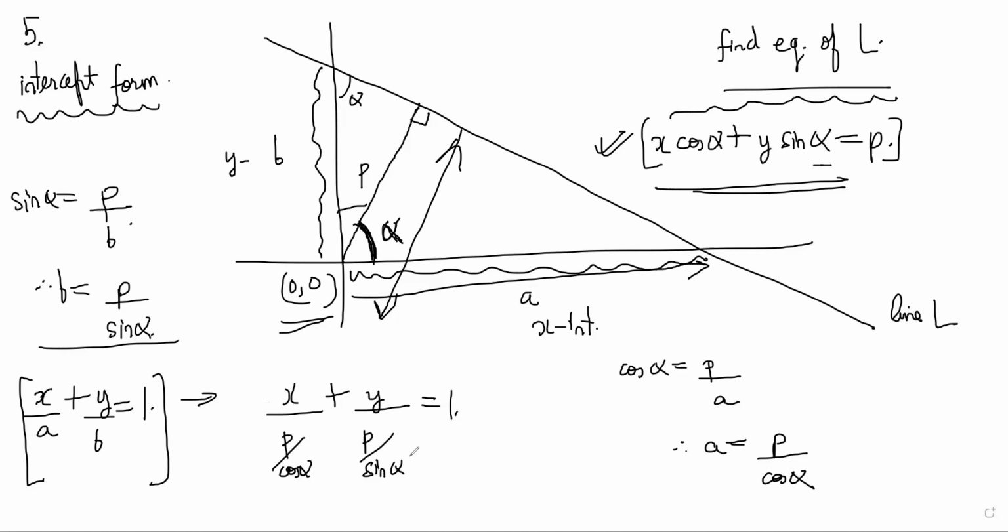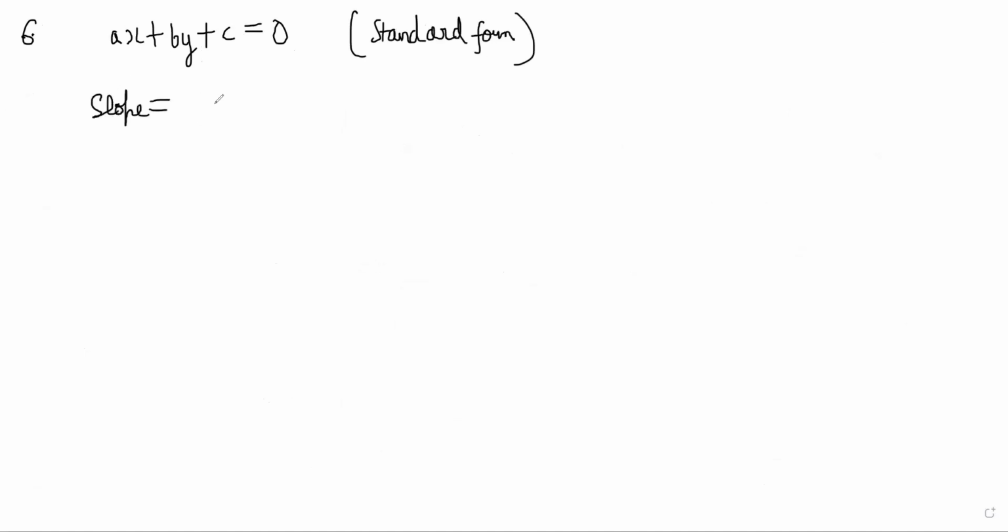Okay. Then the last form of the line equation that we'll look at is ax plus by plus c is equal to 0, which is standard form. In this, what you need to remember is that slope is minus a by b, because you can put it in the y is equal to mx plus c form.